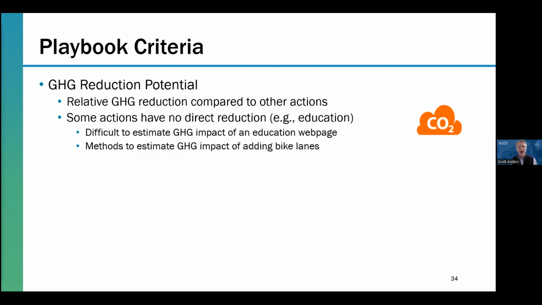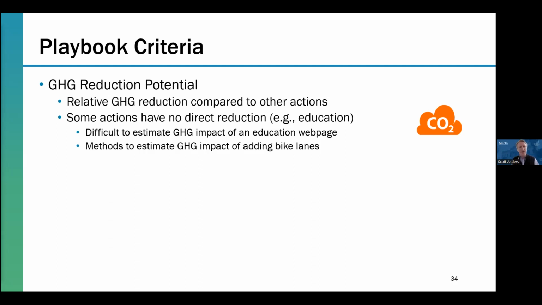So when we're talking about greenhouse gas reduction potential, we want to compare to other actions, say at the organizational scale. We don't want to compare somebody planting 5 trees with the entire region going 100% carbon-free electricity. That wouldn't be a meaningful comparison. So this is within the scale, and that's true of all of the comparisons we're making here. Well, that's not true. It's true of this one. It's true of cost as well.